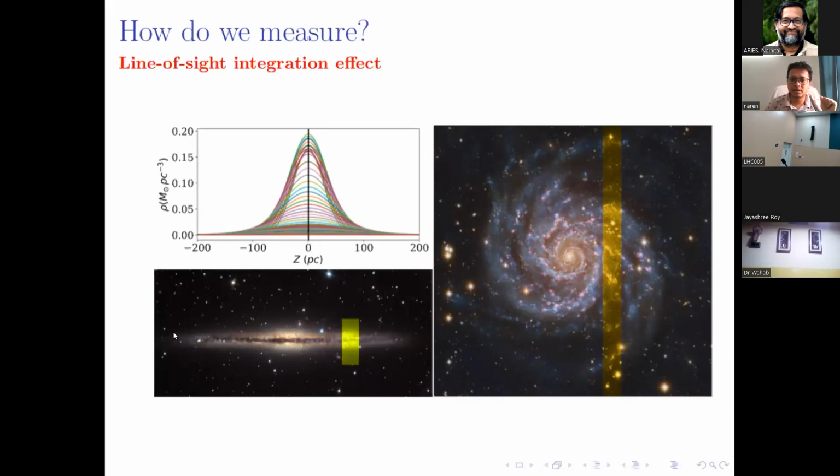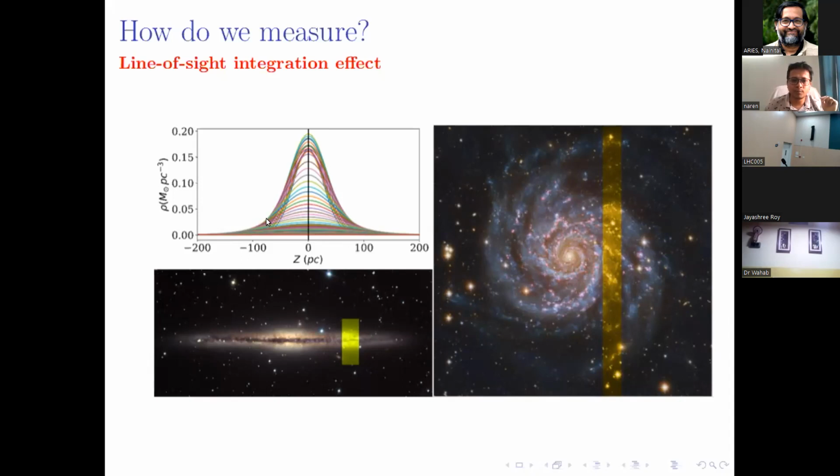Say, for example, in the left bottom panel, you want to estimate the vertical density distribution over here, at this strip. This strip actually has the emission from all these radii along this line. If you deproject it and see it from the top, this is basically your line of sight. It is collecting the radiation from this point at the far radius, from this point at a closer radius, and so on.